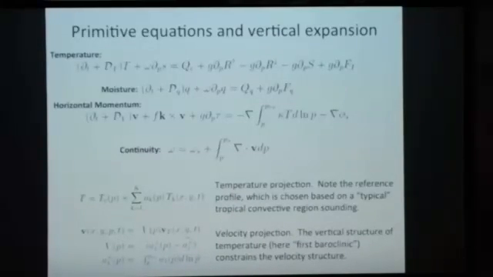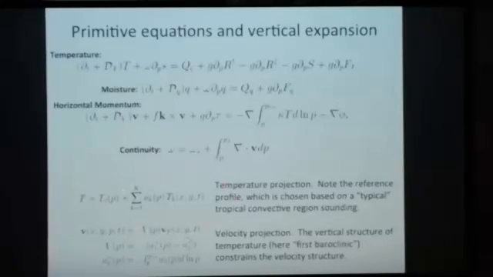So what we do in terms of the procedure is a vertical expansion. I'm illustrating here the temperature projection. We take these equations, and we have the temperature field, which is what we want to solve for. We write the temperature field in terms of some reference temperature profile, which is just a function of pressure, so there's no dependence on time, latitude, or longitude.